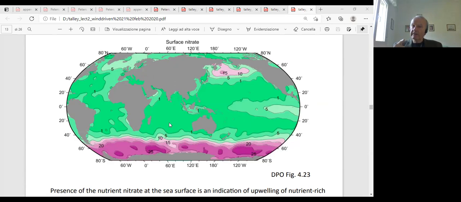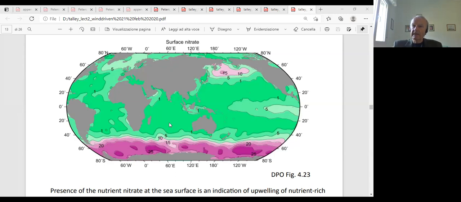So the upwelling areas can be recognized not only from the temperature being lower than the surrounding waters, but also from the presence of a higher concentration of nutrients.